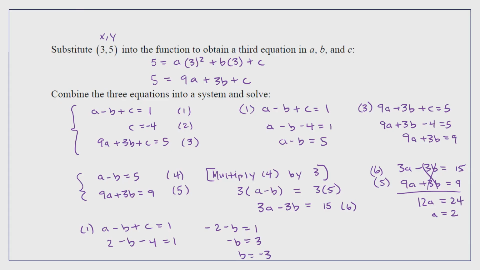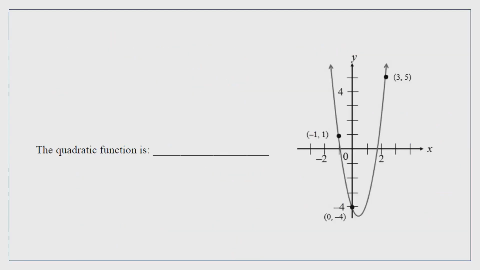Okay, so I know that c equals negative 4. I know a equals 2. And I know b equals negative 3. Okay. So my quadratic function is ax squared plus bx plus c, and that equals y.